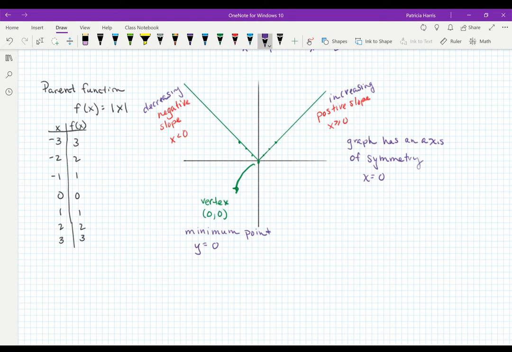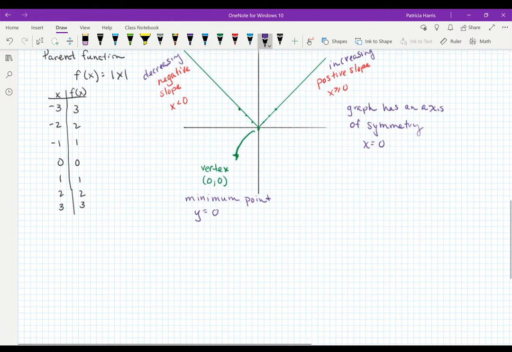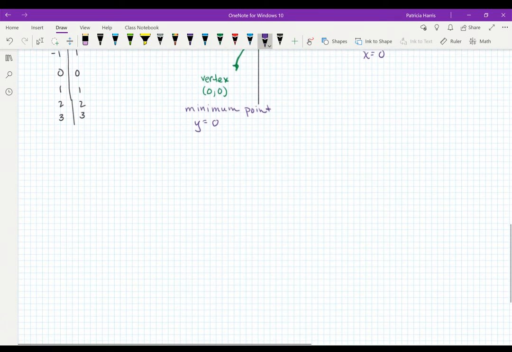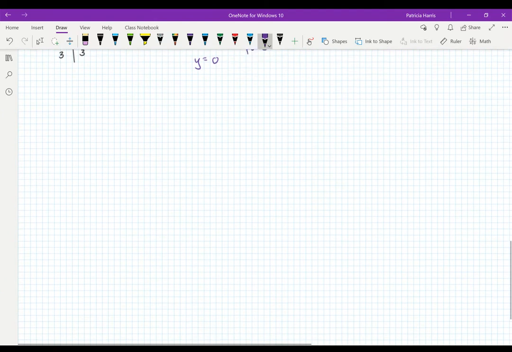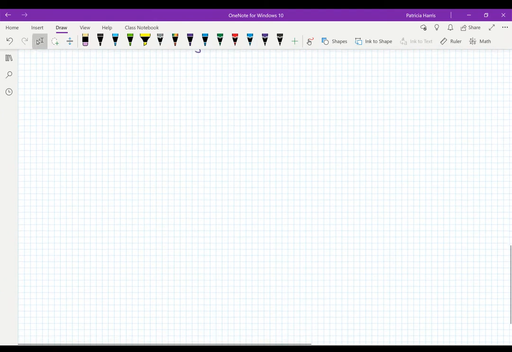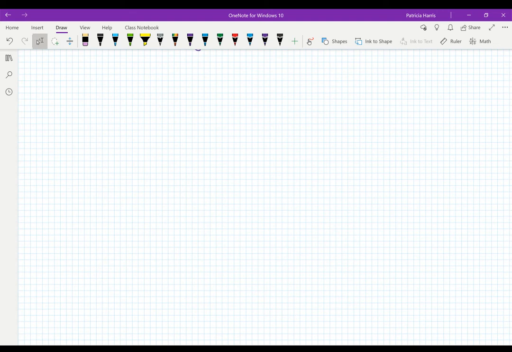So what we're going to do now is a transformation. We're going to do a very basic transformation. We're just going to flip him over and see how that changes the graph. Okay. So the next graph we're going to do is f of x equals the negative of the absolute value of x.